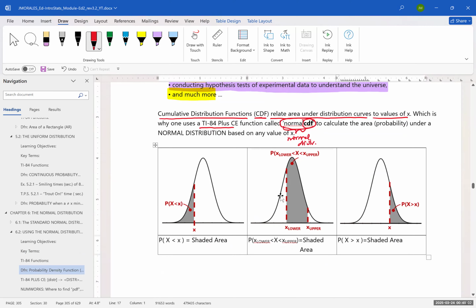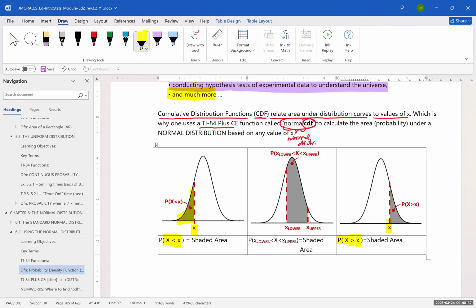Right, and down below, we've got three different scenarios that we could calculate the area under the curve. So we might be interested in calculating the area to the left or less than some value of this lowercase x, in which case we'll be calculating the area adjacent and to the left of that value of x. We might be interested in calculating the probability of a value greater than some value of x.